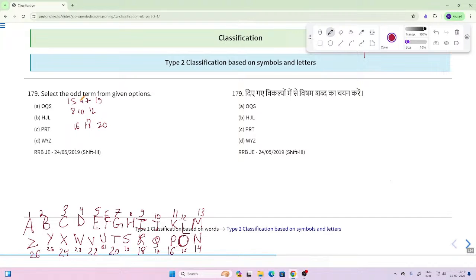So all of these have a difference of plus 2. W, 23, 25, 26. Here we have plus 2, plus 1. Clearly this is the odd one out because it's the only one that doesn't follow the plus 2 pattern. Hence D is the odd one out.